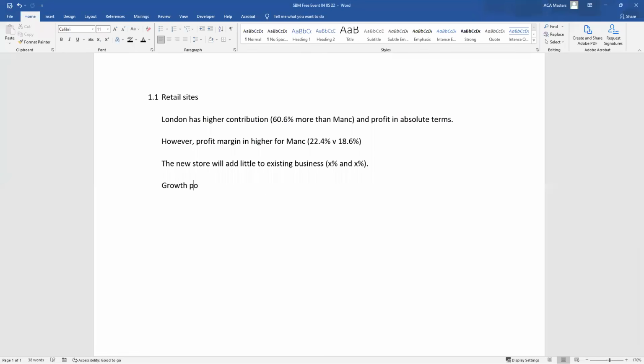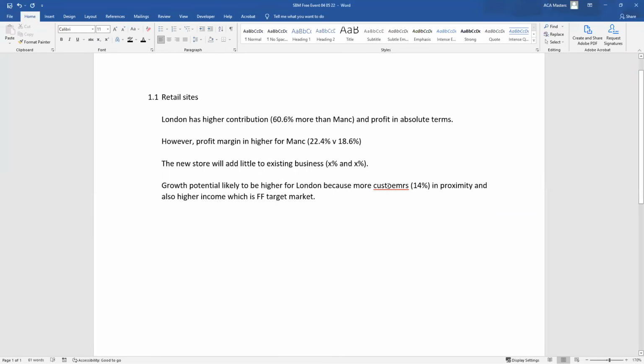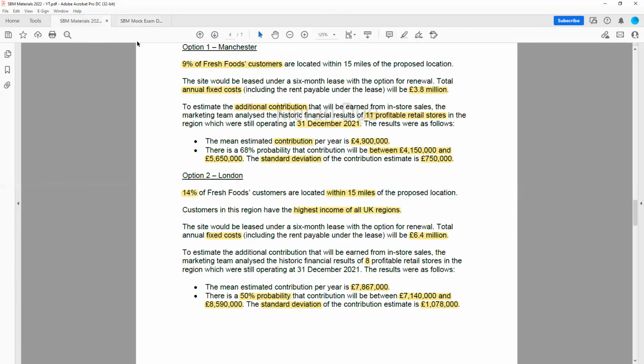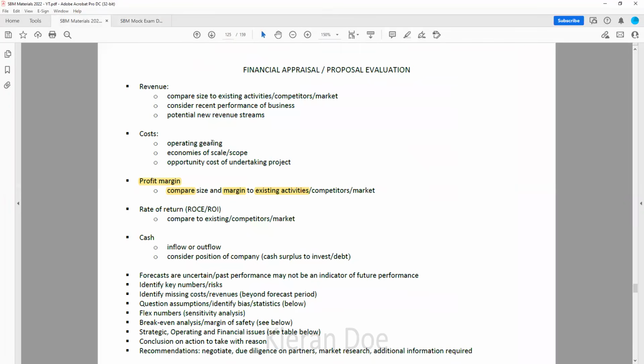So we could say growth potential likely to be higher for London because more customers, and again, you put that 14% in proximity, and also higher income, which is fresh foods, and you could abbreviate the name like this, fresh foods target market or existing clientele. You can see a short, concise range of points, keeping it really focused on the scenario, comparing the two.